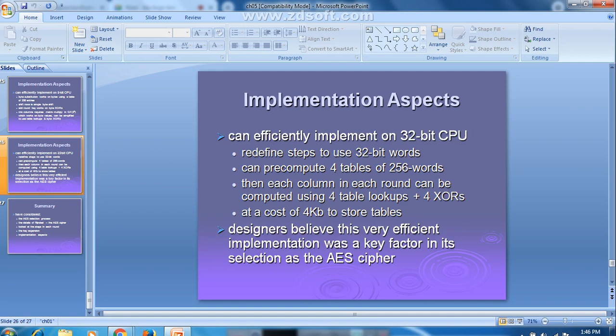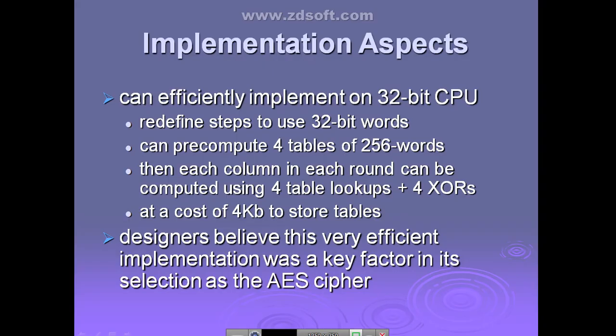It can also be implemented on the 32-bit CPU. Here you redefine the steps to use 32-bit words, and can pre-compute 4 tables of 256 words. Then each column in each round can be computed using 4 table lookups and 4 XORs, at a cost of 4 KB to store the tables.